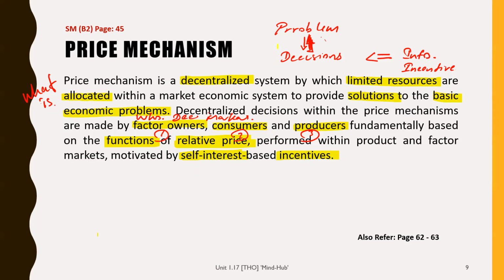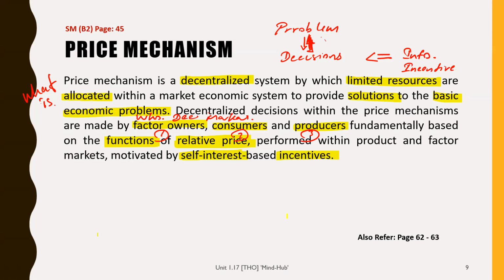There are 3 decision makers in the price mechanism: factor owners, consumers, and producers. We call it the price mechanism because price helps these decision makers with the information, incentive, and rationing ability they need to make decisions.